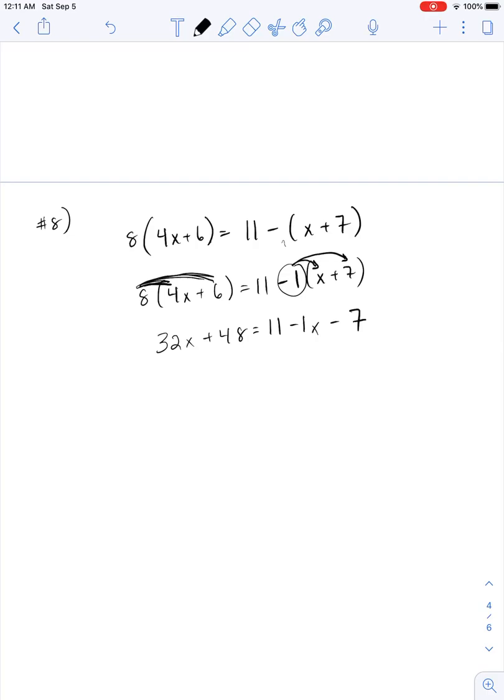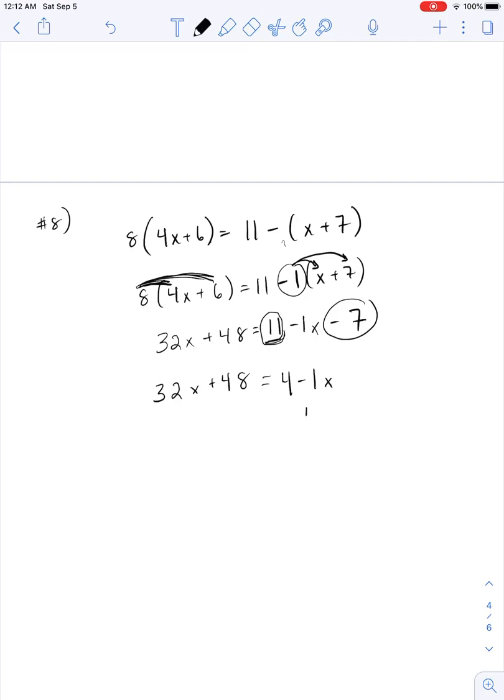Okay, but before we start moving some things around, we notice that we can combine. We have 11 minus 7, and when we subtract 11 minus 7, that gives us a 4. We bring everything else down. I see x's on both sides, so I'm going to get rid of the smaller one.